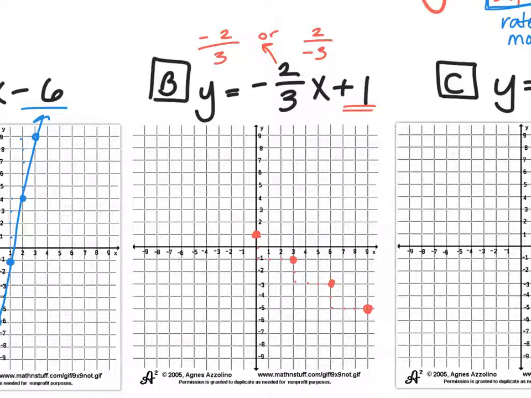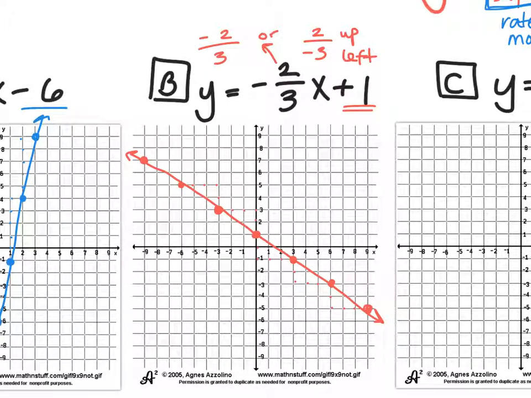So I can also go up 2 or to the left 3. That's what this 2 over -3 means, to go up 2 and to the left 3. And I can do that again, up 2 and left 3. Notice that when I do that, it just continues that same linear graph in the opposite direction, so that I have a more complete picture of what it looks like.